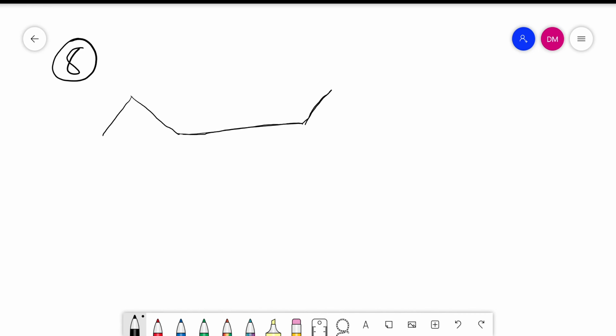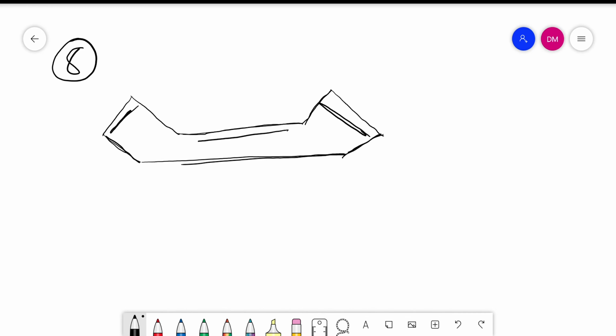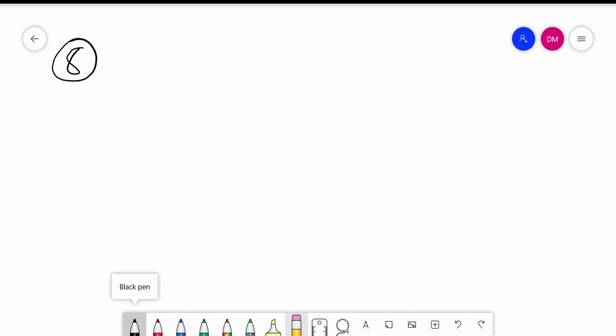Here one, here one, and a straight line over here. I have made the diagram a little crooked, but it's almost accurate. One pi bond over here, one pi bond over here, another pi bond over here, another pi bond over here. I think it's confusing. I have to draw it once more. Sorry. So let me draw this part.